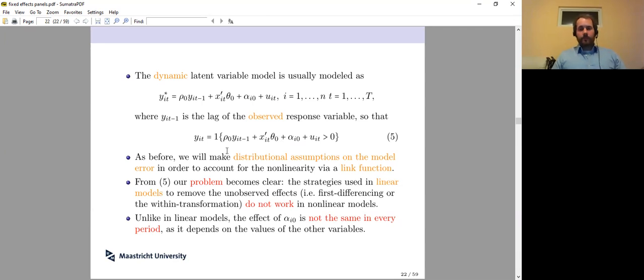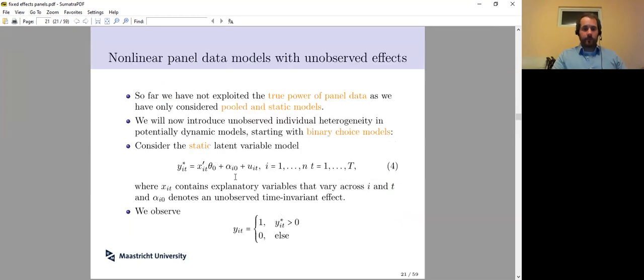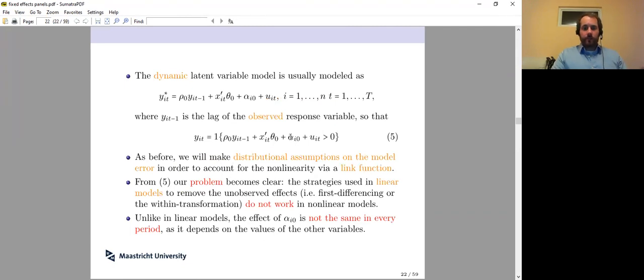Another crucial difference is that if you look at the linear model, the alpha has the same effect on YIT in every time period. In every time period you add the same fixed effect. In the nonlinear model, you also add the same fixed effect, but through this indicator function, the effect of alpha itself on YIT also depends on the other variables, on XIT and on YIT minus 1.